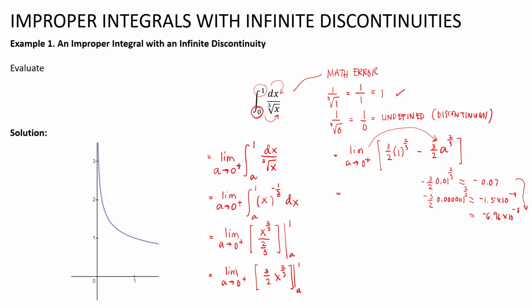The trend is getting smaller. So we can say that the right hand side limit of this one is 0. We can simplify it to 3 halves minus 0. So the answer is 3 halves.